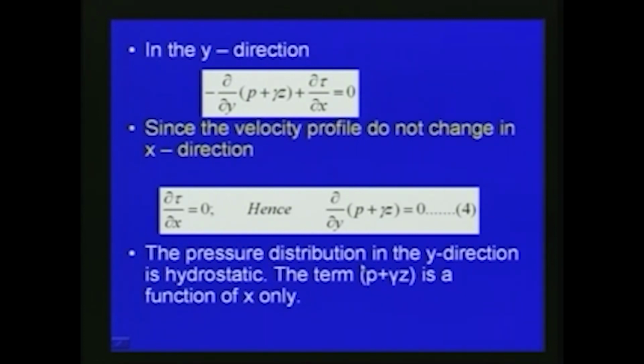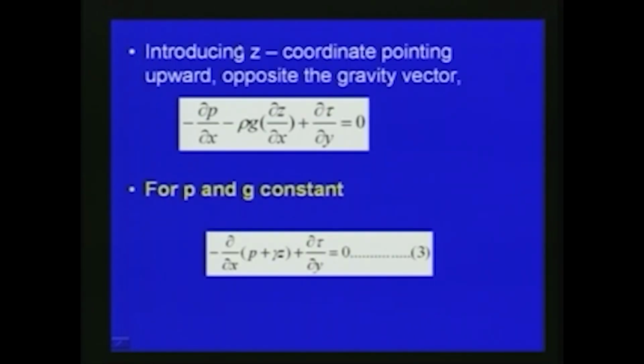So we can say the pressure distribution in the y direction is hydrostatic, and the term P plus γZ is a function of x only. Now the earlier equation number 3, written in the x direction, we can finally write as minus d/dx of (P plus γZ) plus ∂τ/∂y is equal to 0, equation number 5.